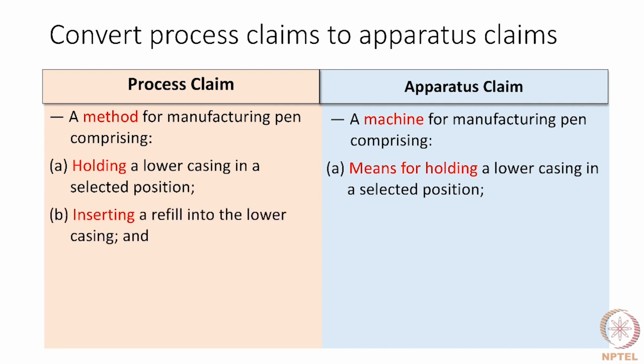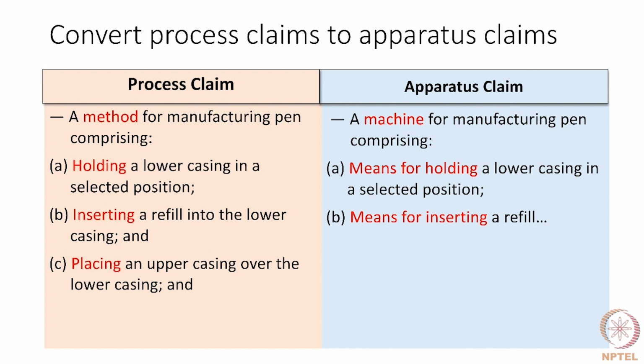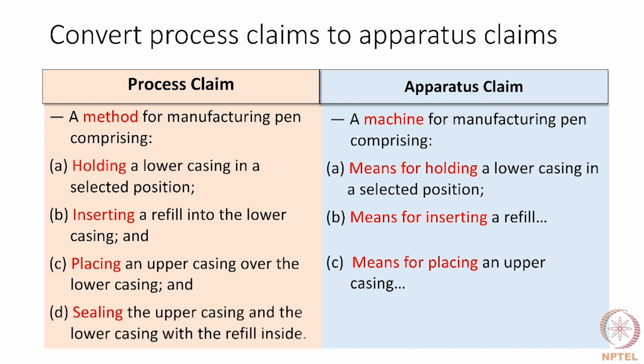Inserting a refill into the lower casing becomes means for inserting a refill in a lower casing. Placing an upper casing over the lower casing becomes means for placing an upper casing. And sealing the upper casing and the lower casing with the refill inside becomes means for sealing.